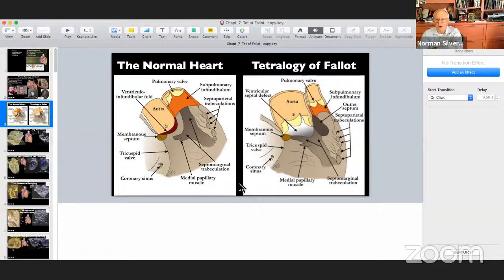Many institutions are somewhat limited in the use of magnetic resonance or CT, in which case, even if there is any suspicion of an unusual abnormality, I would go for a catheterization on these patients.